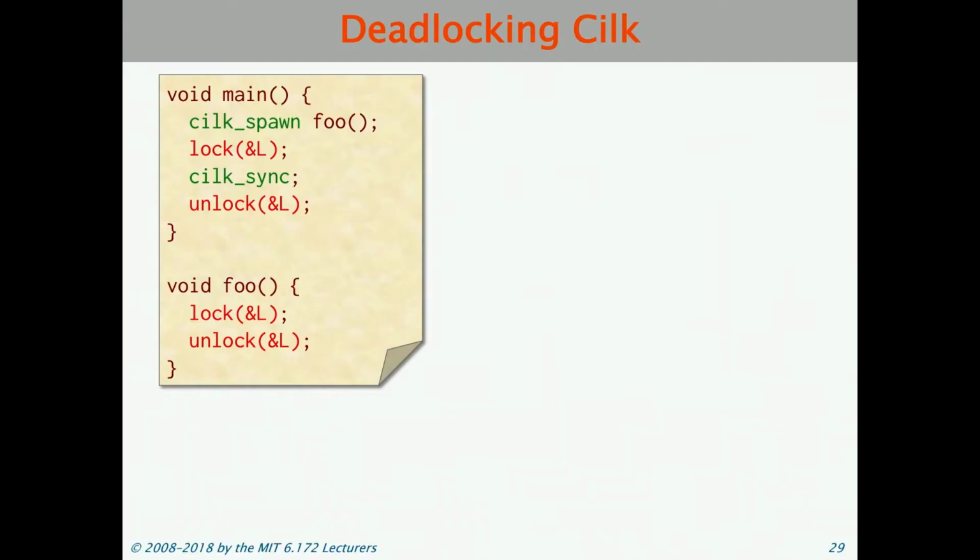This is a situation where you can deadlock your program in Silk with just one lock. So here's an example of code that does that. Main spawns off foo, and foo locks the lock L and then unlocks it. Meanwhile, after it spawns off foo, the continuation locks L itself and then does a sync, and then it unlocks it.